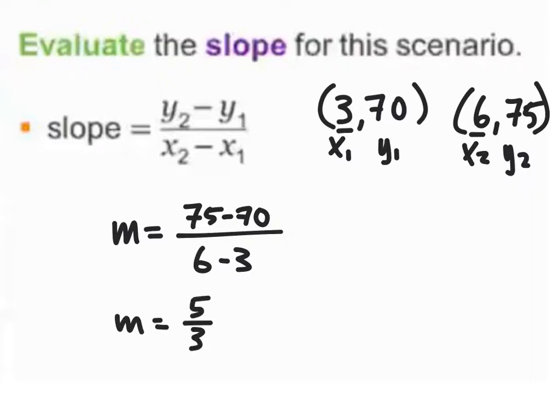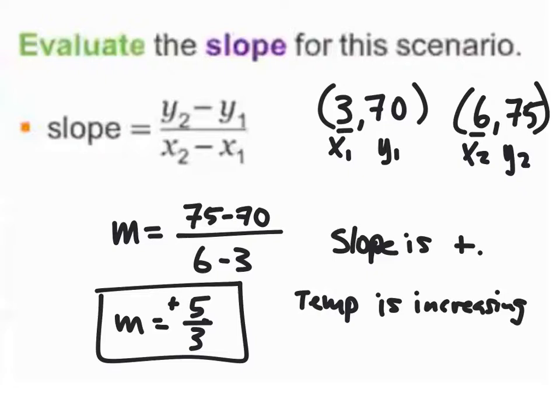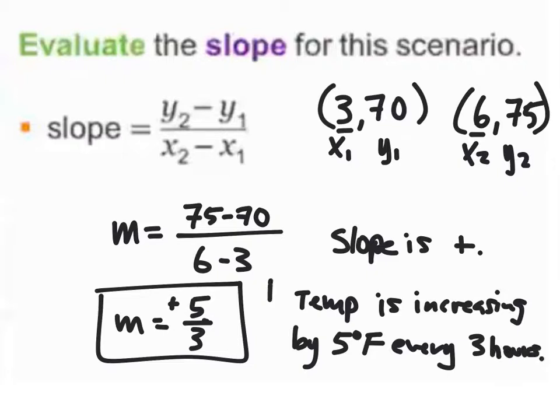And what that means is that because my slope is positive, here's what I can say: the temperature is increasing by 5 degrees Fahrenheit every 3 seconds.